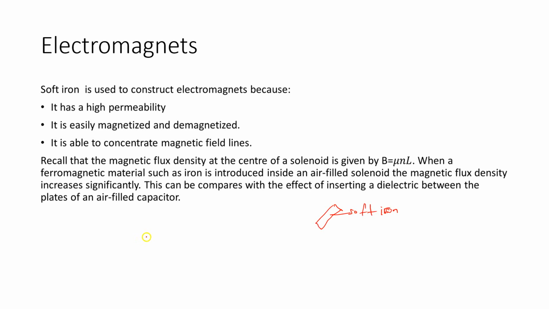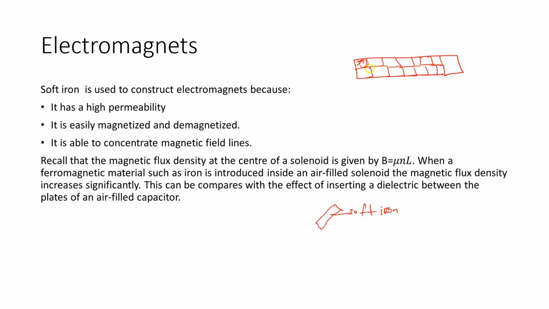Now, what I can say next is that soft iron is able to concentrate the magnetic field lines. That's a beautiful thing about soft iron. Let's imagine that this is the soft iron before it becomes magnetized. Before it becomes magnetized, there are some things that we call domains inside of the material, or inside of the metal.